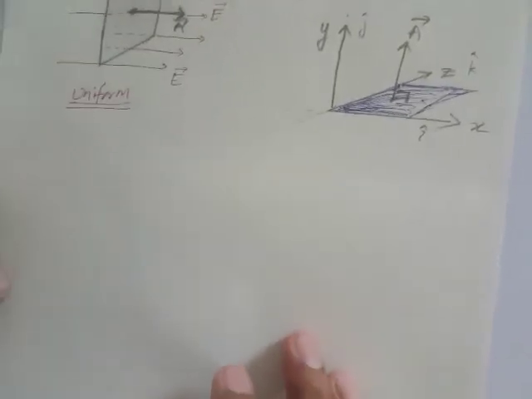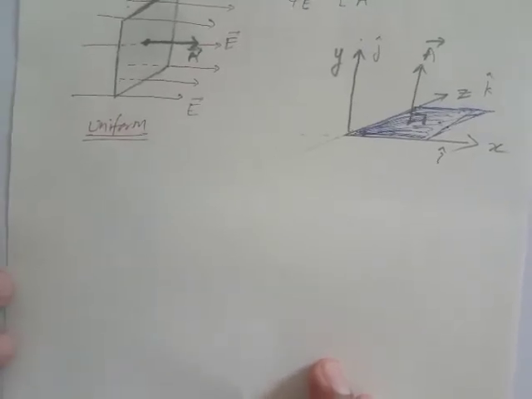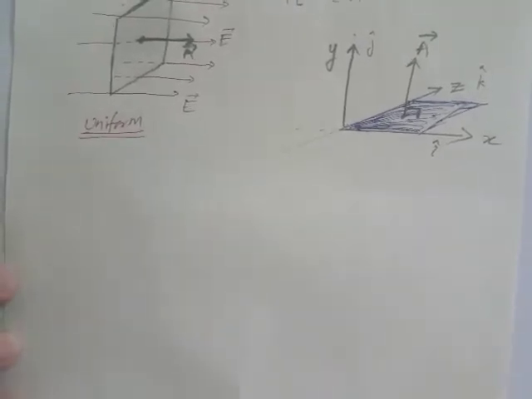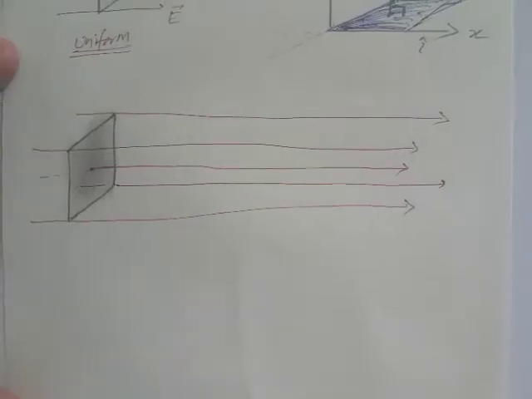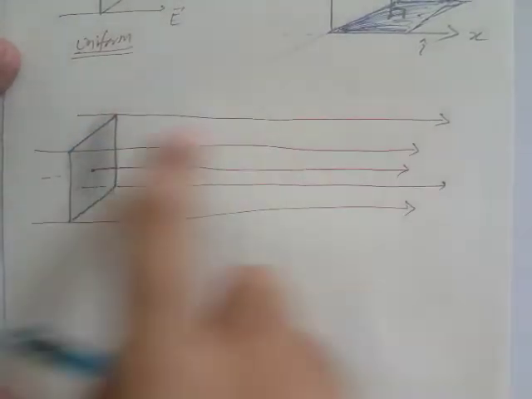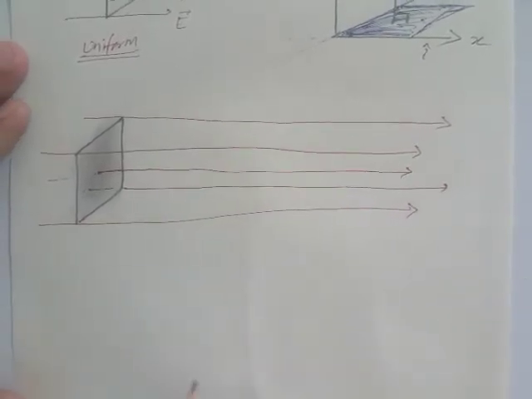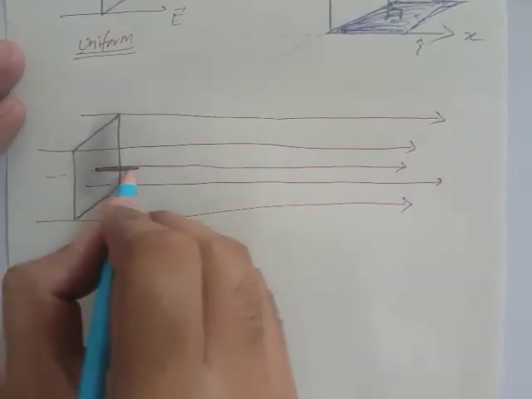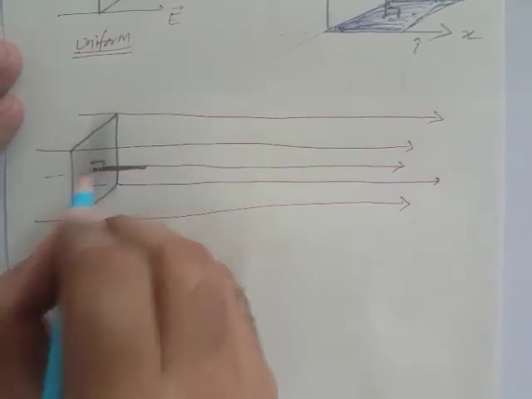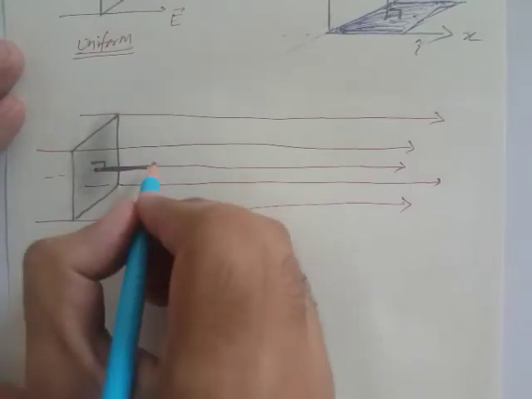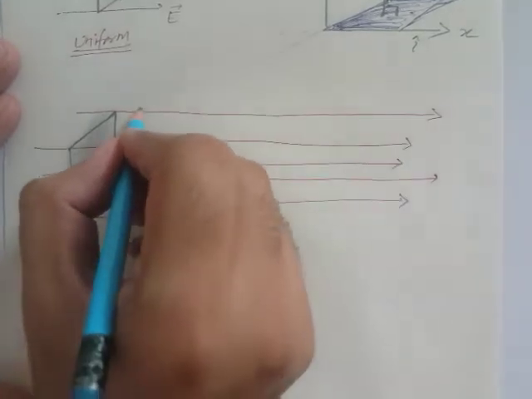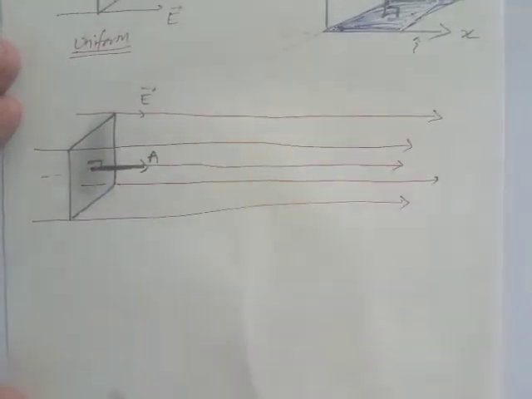So now let me draw a diagram with respect to the area vector and we'll see what we will consider. Now here I draw the area and the electric field lines going parallel to each other. In this, if we draw the area vector in this direction, because it should be at 90 degrees with the surface, then it is an area vector, and this is the electric field lines that are going over here.